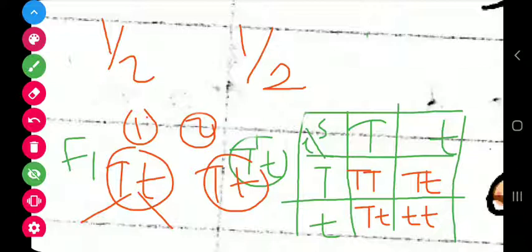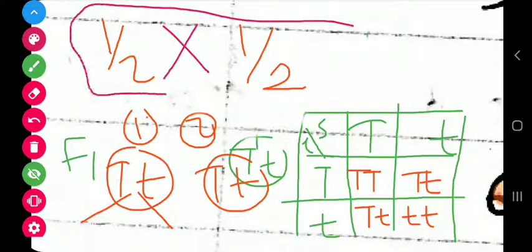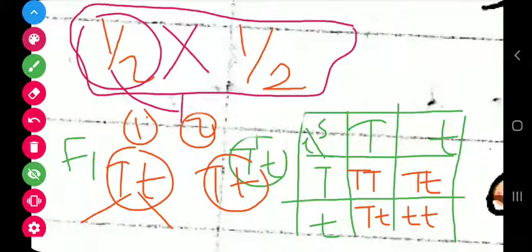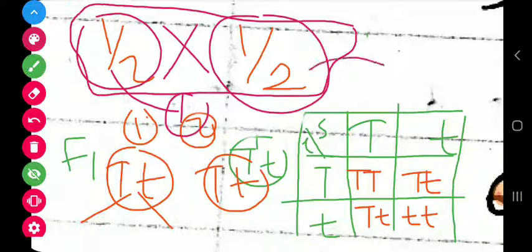For these two events to occur together, your father making a small t gamete and your mother producing a small t gamete, for them to fuse together, that event happening together is multiplied. I hope you understood that. So this is a multiplication of two independent events. This one is an independent event and that's another independent event.